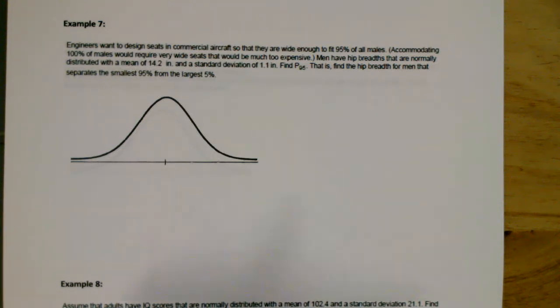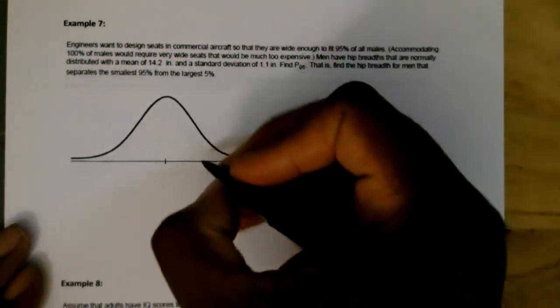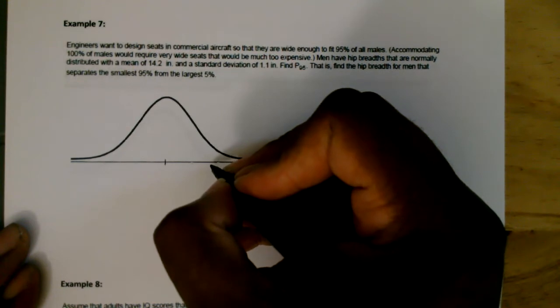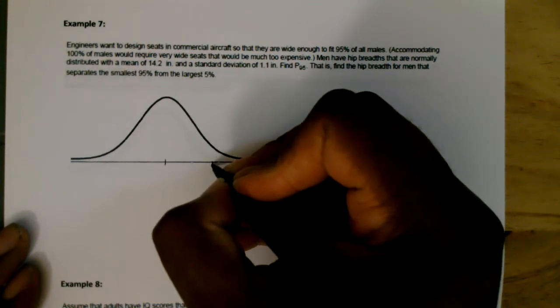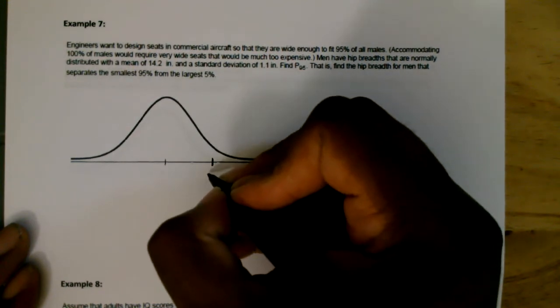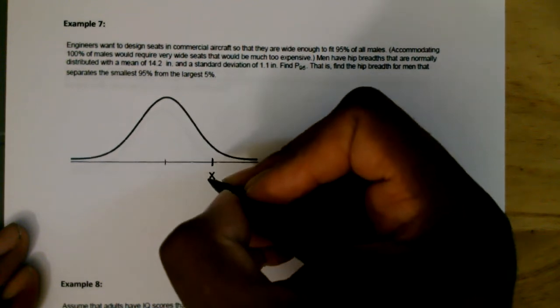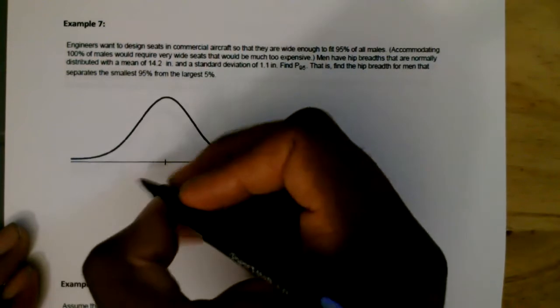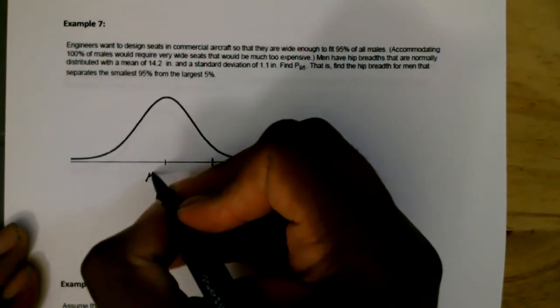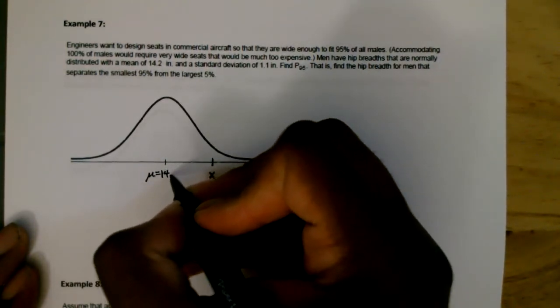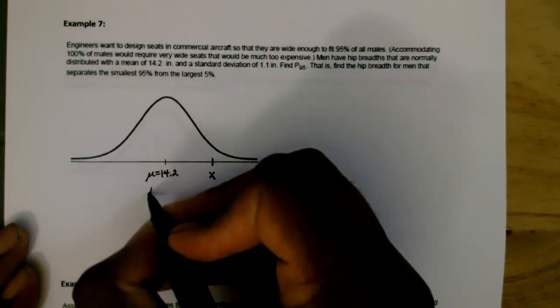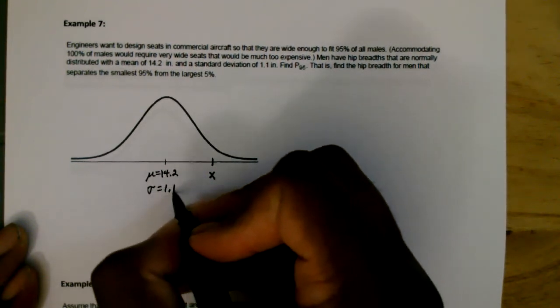Okay, so here's my bell-shaped curve. 95% will have to be somewhere over here because that's most of the normal curve. Okay, so this is the x value we're looking for. And we're told that the mean is 14.2 inches and the standard deviation is 1.1 inch.